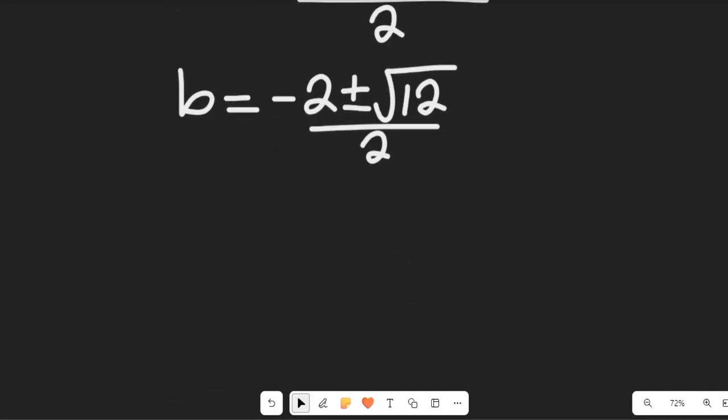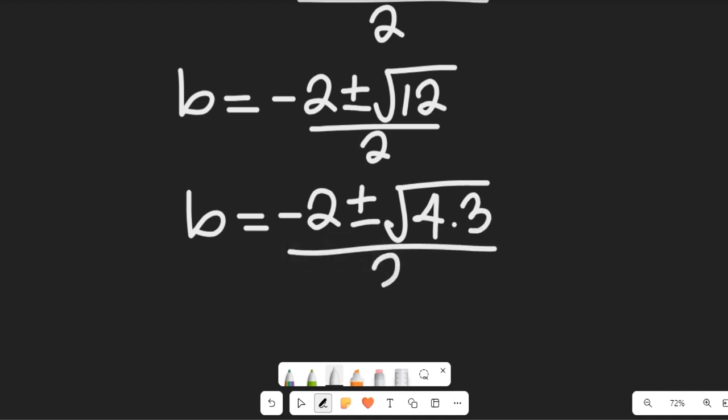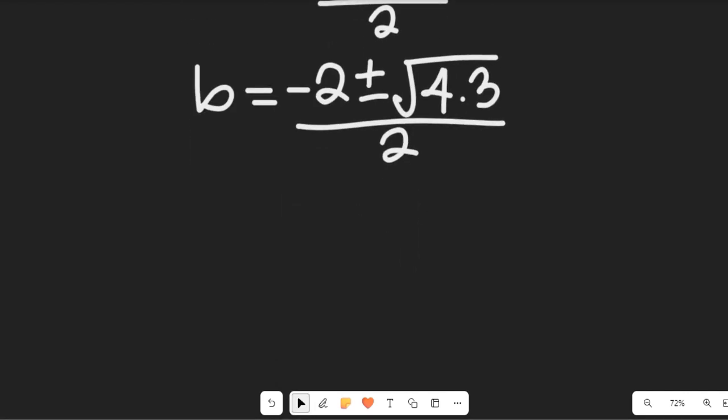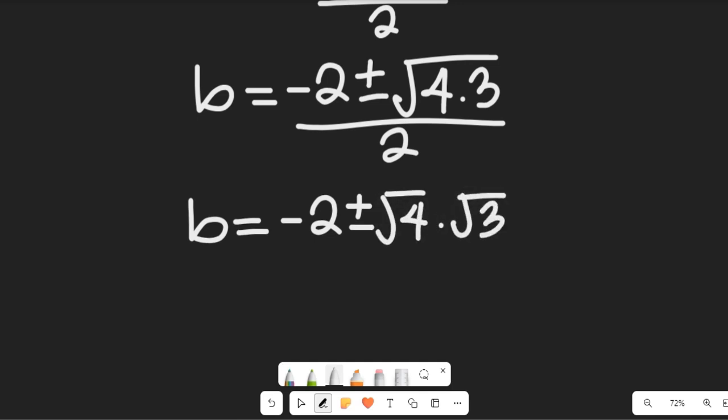Simplifying that expression, we'll have our B to be equal to negative 2 plus or minus the square root of 4 multiplied by 3, right? And that will be divided by 2. So the value of our B will be equal to negative 2 plus or minus square root of 4 multiplied by square root of 3, all divided by 2.